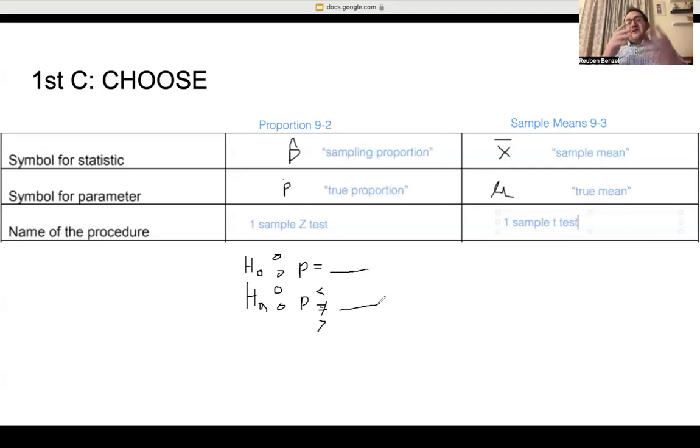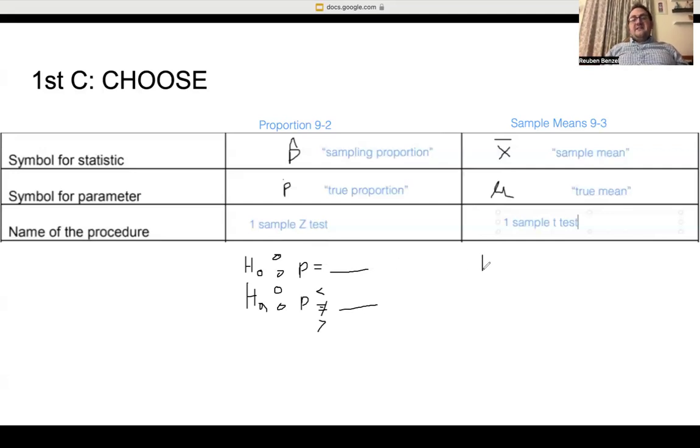You just have to read the problem and see whether it's a less than, a not equal to, or a greater than problem. And we use p and not p hat because we're looking at the true proportion, and that's what we're trying to make statements about.